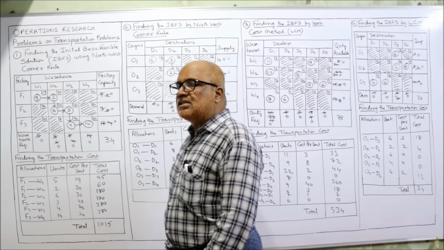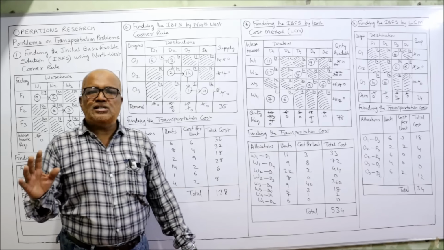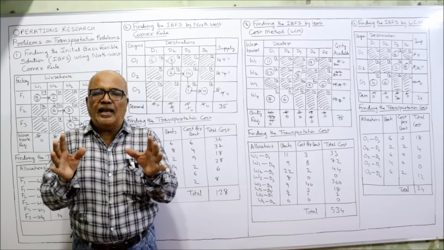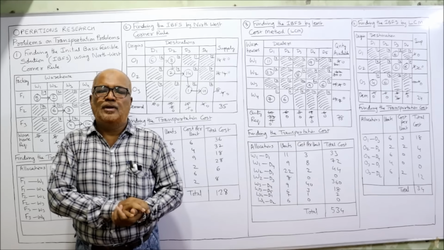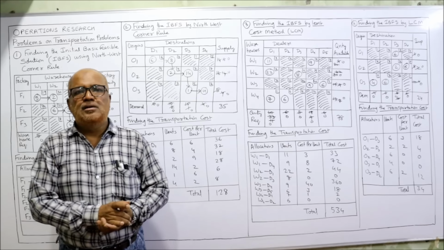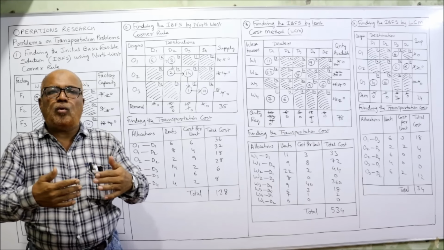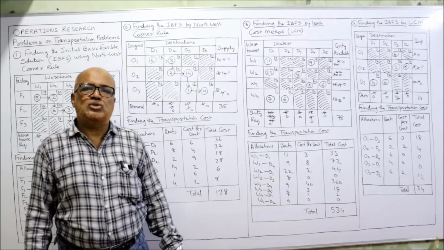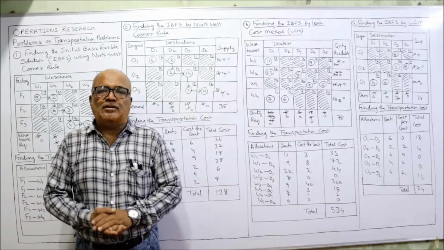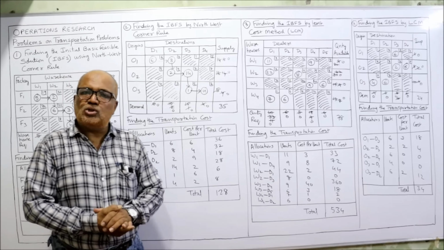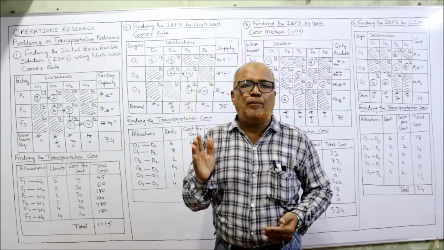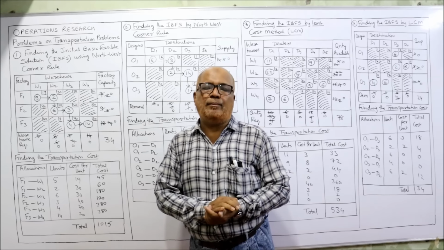The second method is least cost method. In this least cost method, we are considering the cost. We are making the allocation on the basis of cost. But again, the drawback is many iterations are required after completing IBFS to find out the optimum solution. Then which is the best method? In the next video, I am going to explain the third method, that is Vogel's approximation method, VAM.